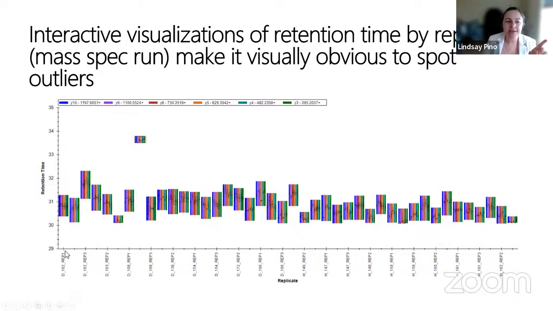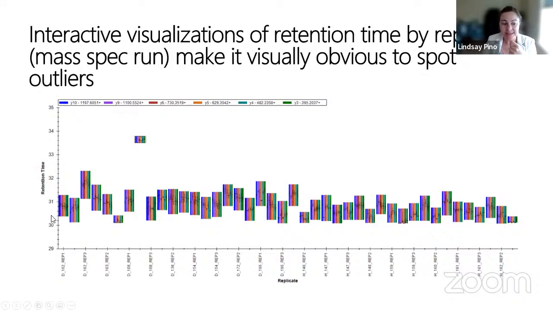So here is a retention time screenshot from Skyline, where across the x-axis, going left to right, these are all the different sample replicates for this experiment. So these are each individual samples run on the mass spectrometer and the data pulled into Skyline. And then on the y-axis, we're looking at retention time.